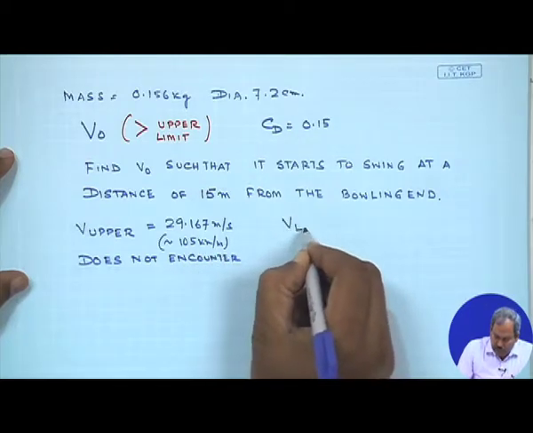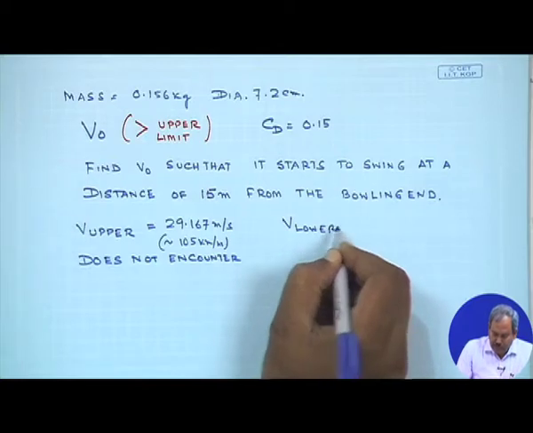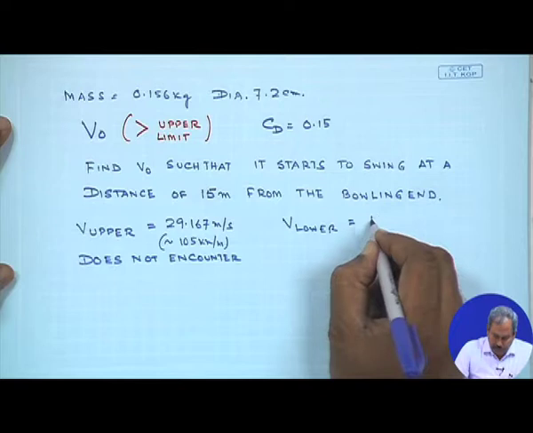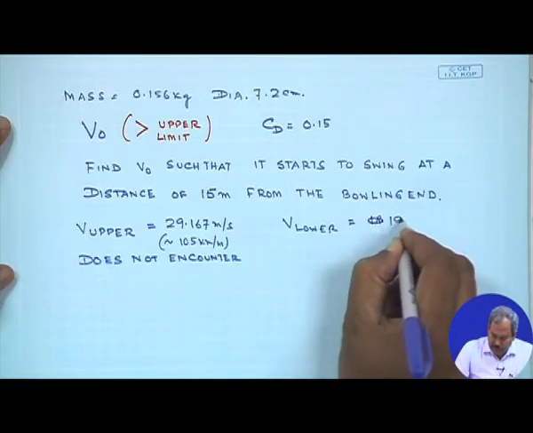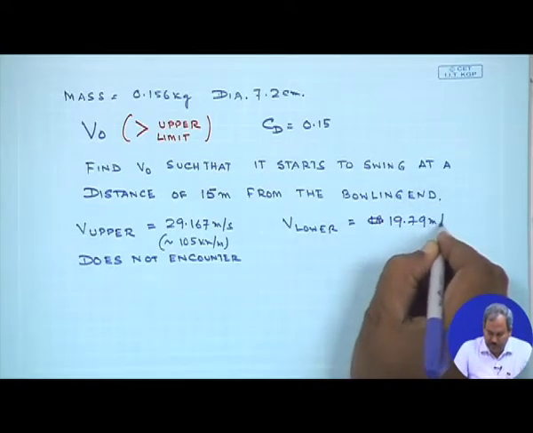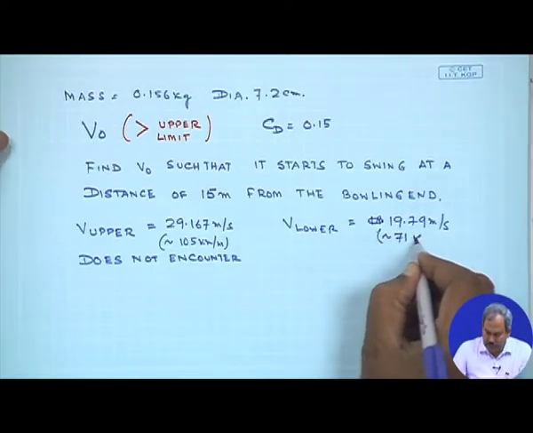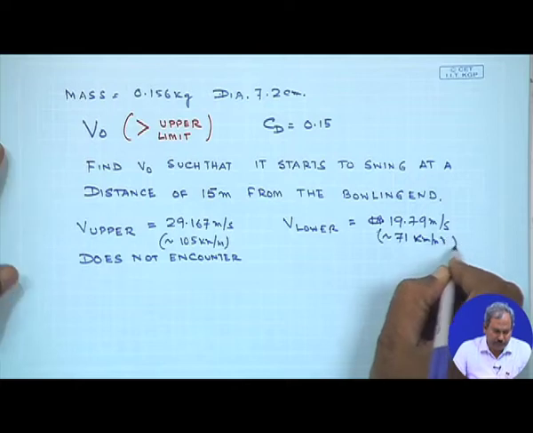And V lower is equal to 19.79 meter per second or 71 kilometer per hour.